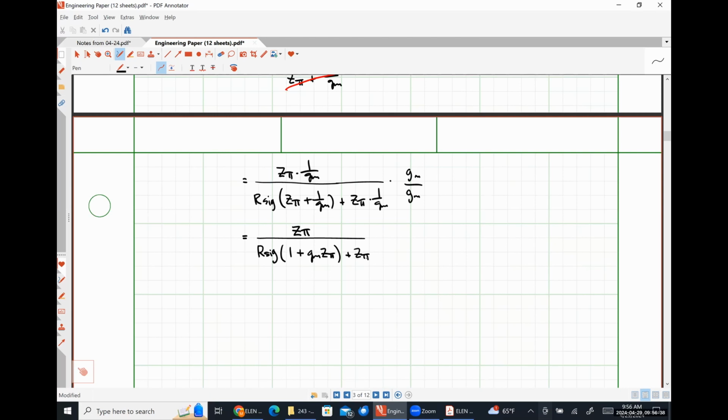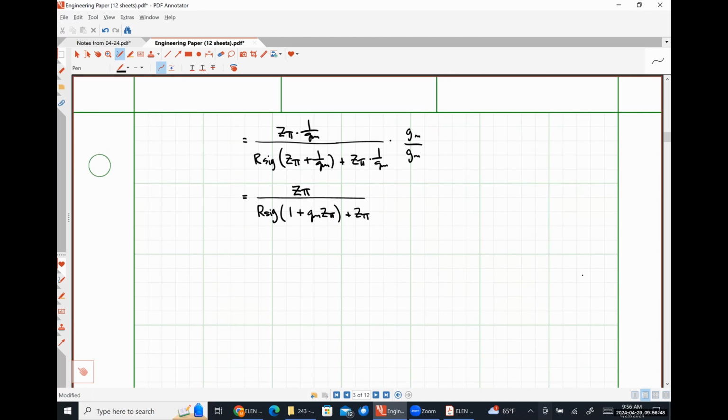So now what I'm going to do is distribute that R sig and effectively factor out a Z pi. So let me write that down. The Z pi in my numerator is going to stay the same. Now I'm going to have an R sig. So hold off on writing things down for a moment because I'm going to write it all out and then factor things out, so I don't want you to have to erase some stuff.